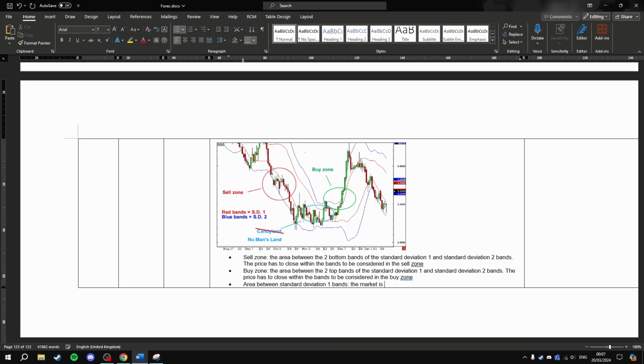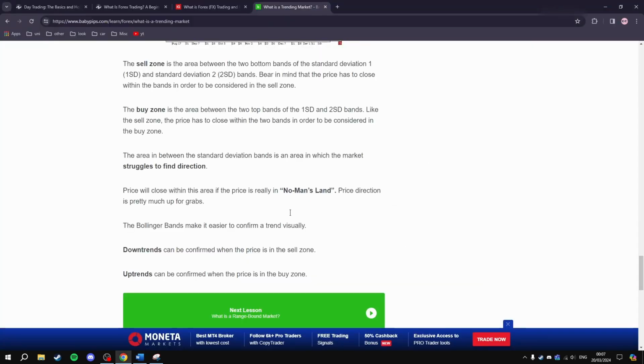The market is struggling to find direction. Price will close within this area if price is really in no man's land. Price direction is pretty much up for grabs.